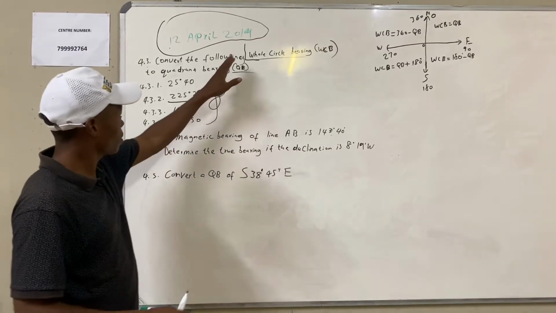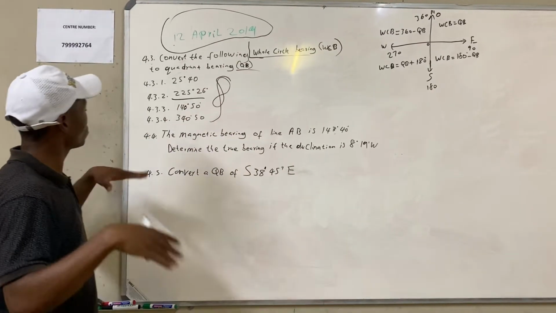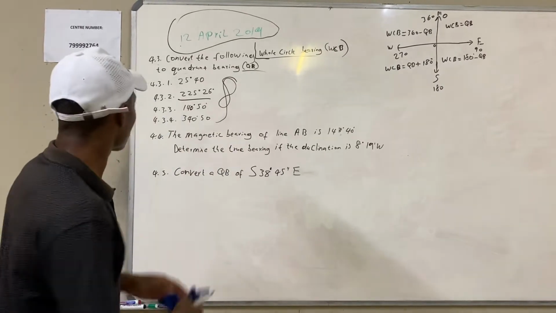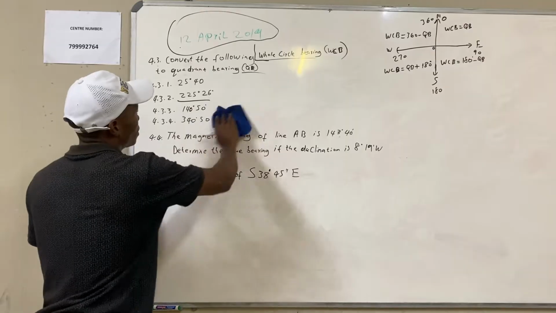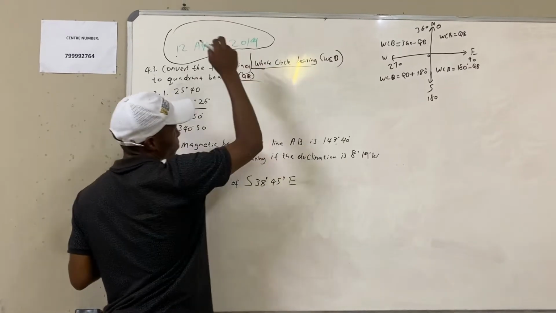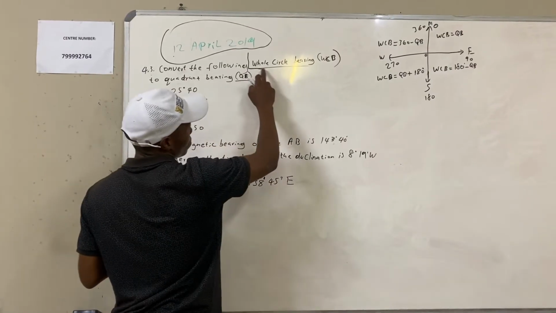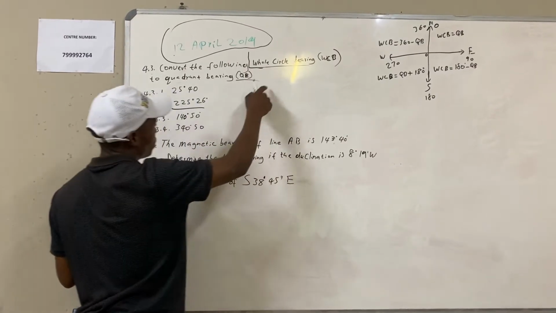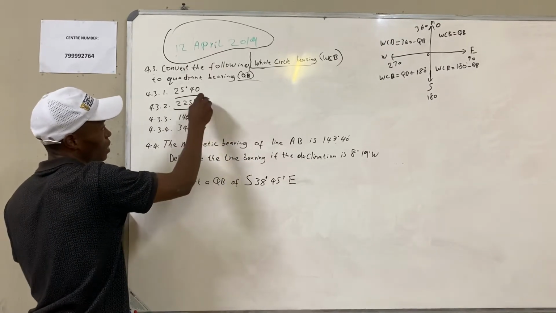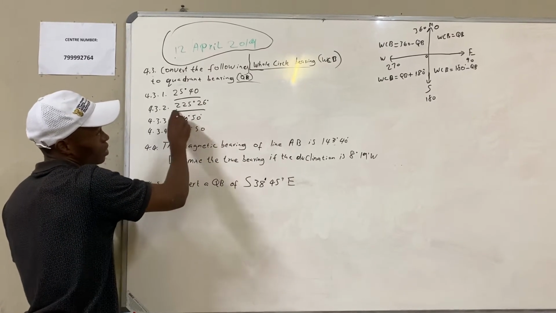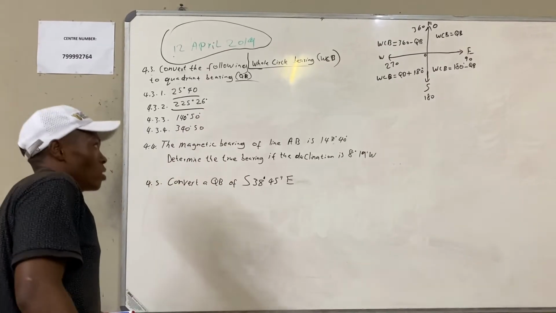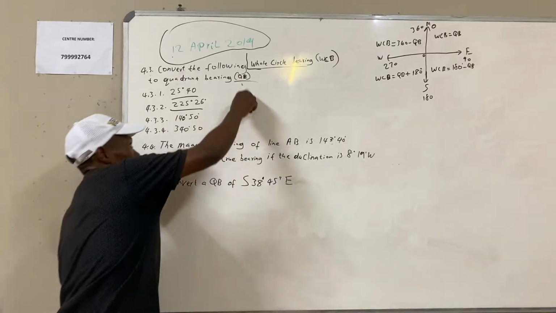You must check this, because most learners and students have a problem here. This is very important: the numbers given are whole circle bearings, this one, this one, this one, which means we have to calculate the quadrant bearing.